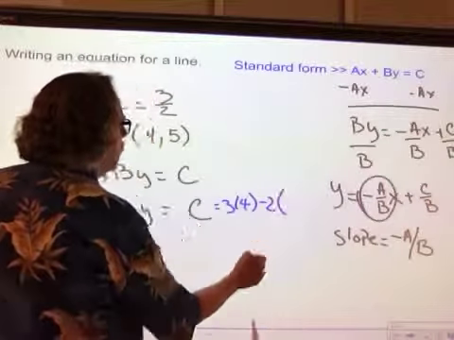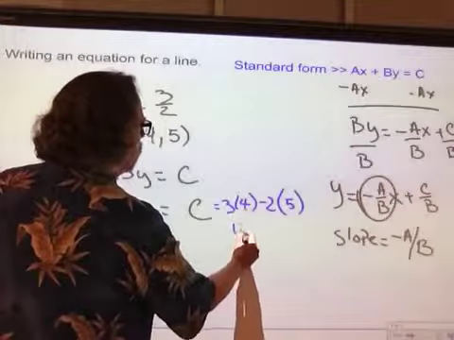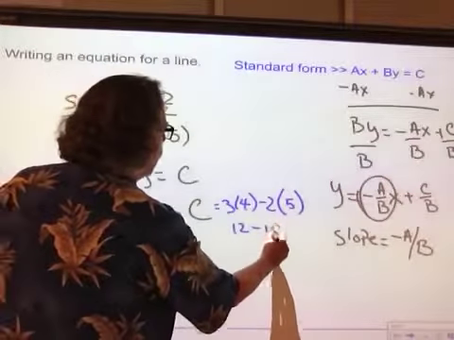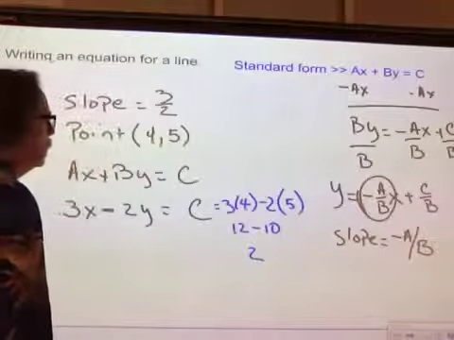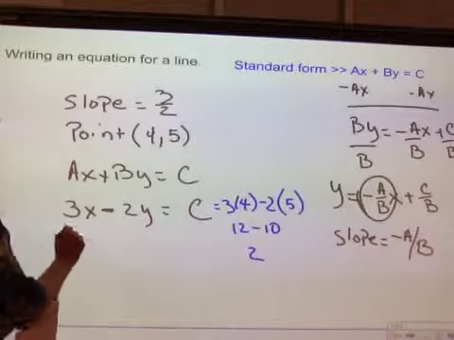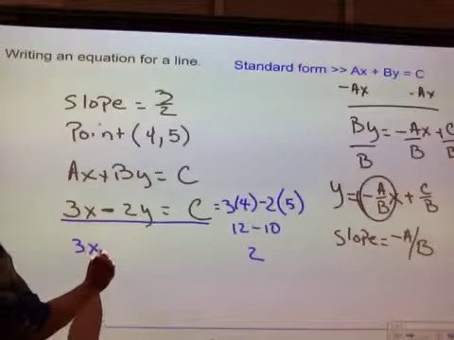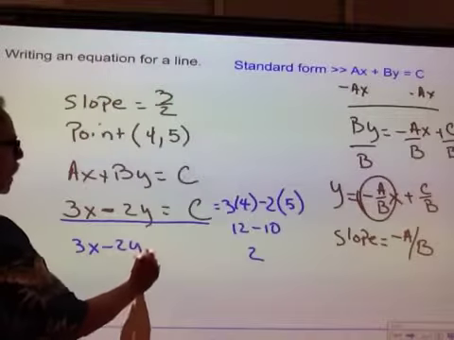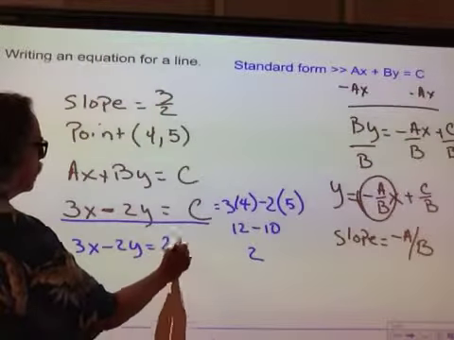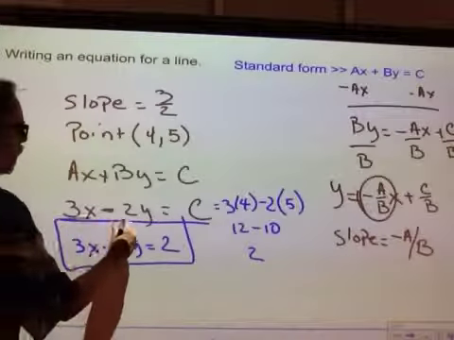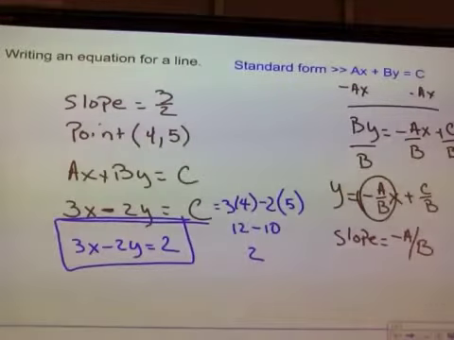If we evaluate that, we're going to get 12 minus 10 is positive 2, so that's what goes here. So then, my equation is 3x minus 2y equals 2. And there it is in standard form. Very nice, real simple little method for getting that.